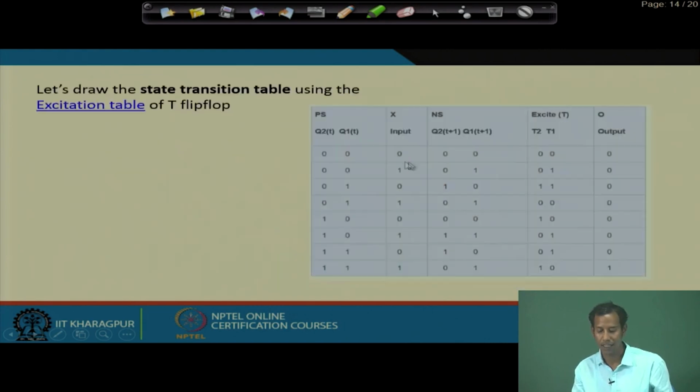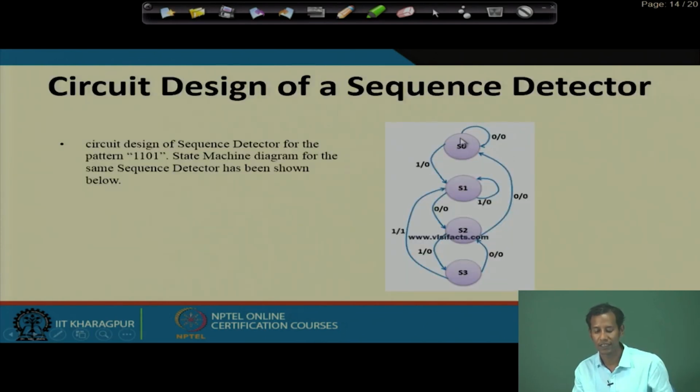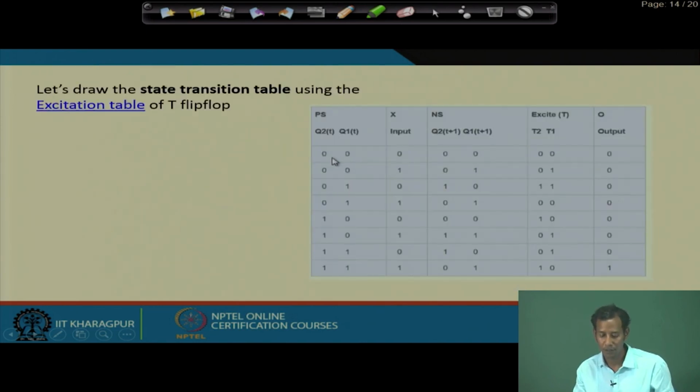If the present state is 00 and the input is 0, the output is 0 and it remains in the same state. So, the present state is 00, the input is 0, and the next state will also be 00.